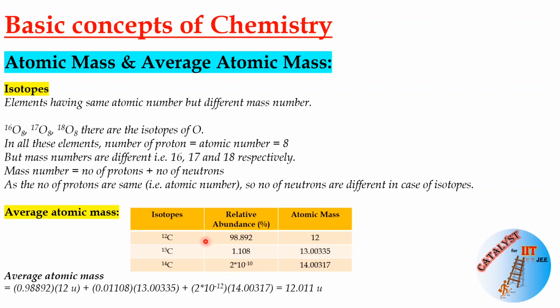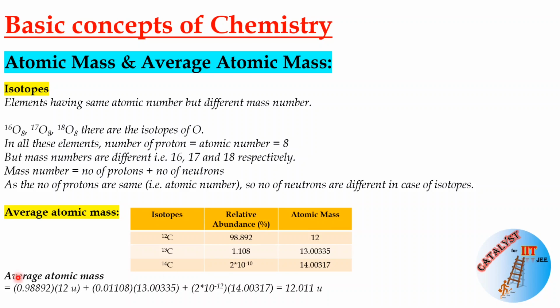Now, the atomic mass of carbon 12 is 12, and carbon 13 and carbon 14 are given here. If you want to calculate the average atomic mass, you need to multiply the relative abundance by the atomic mass, and sum over all three isotopes, and then you get 12.011 atomic mass units.